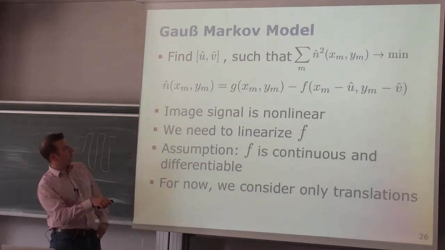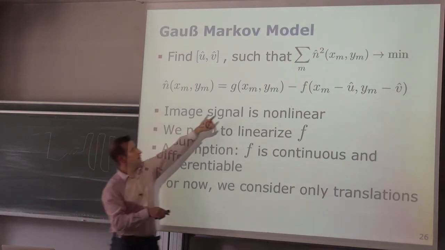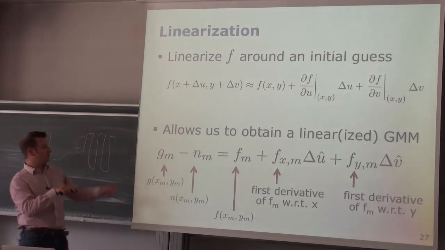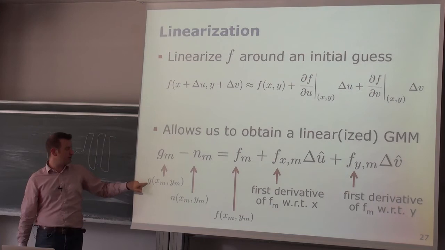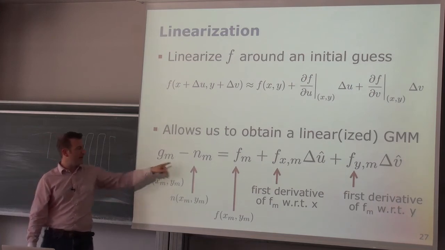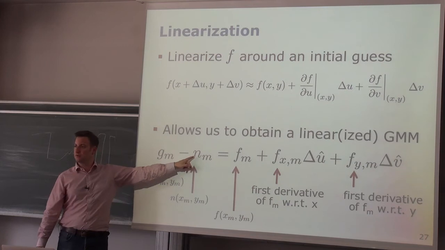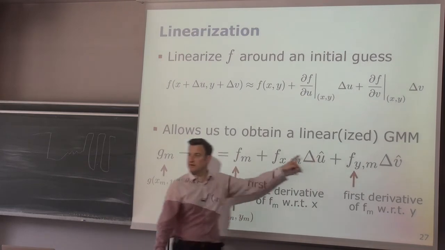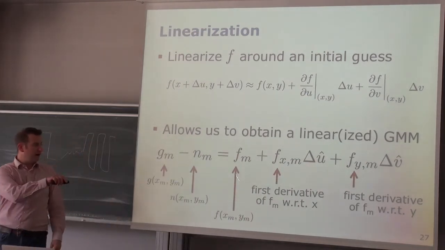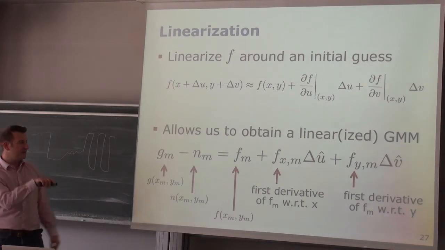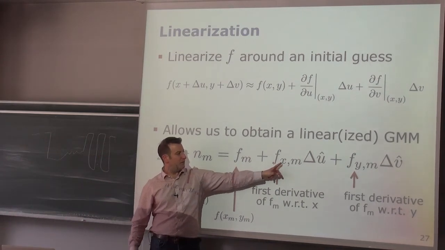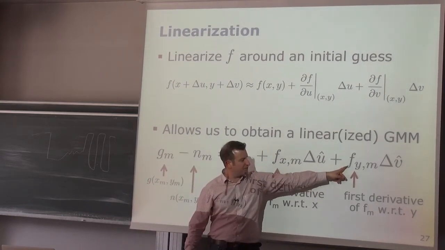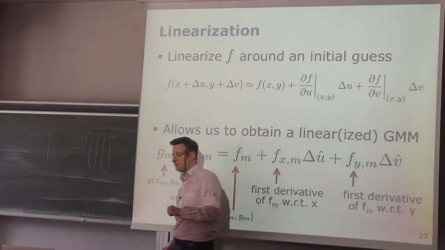We simply put that into this equation and move g to the other side. Then we have our observation g of m, which is a short version of g of x_m, y_m, minus our noise, is our linearized function. Originally this was just our nonlinear function f, and now it's simply our function evaluated at that position, plus the first derivative with respect to x at location m, and the first derivative with respect to y at the pixel location m.